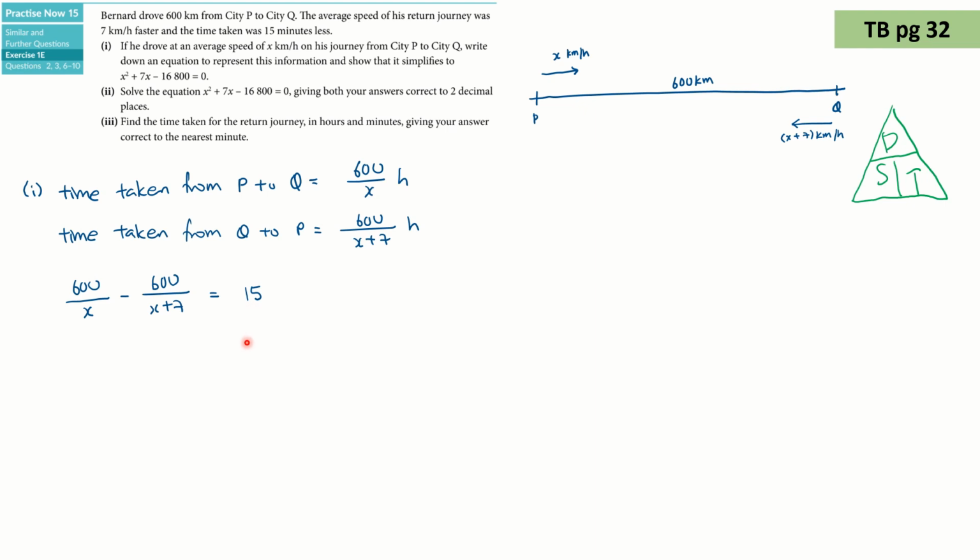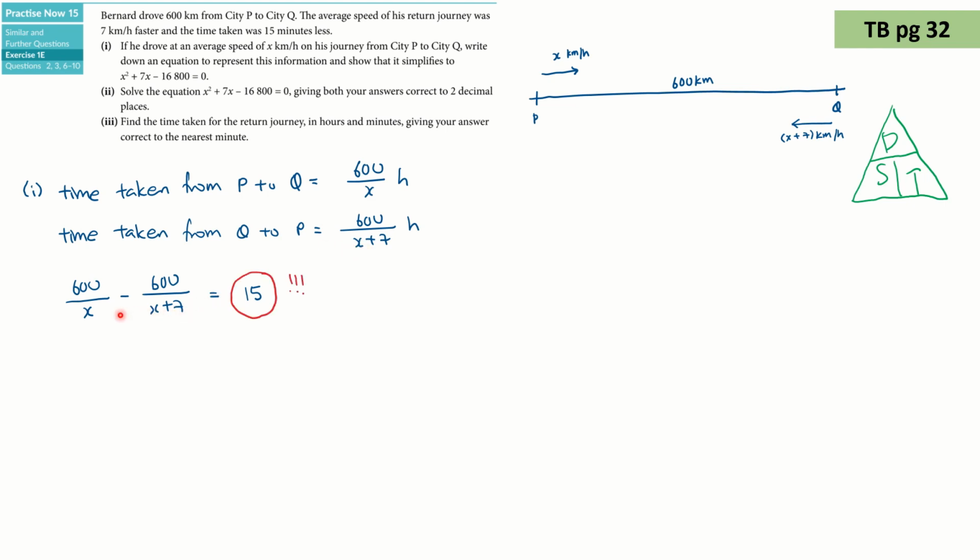However, just in case you're already thinking that this is the correct equation to form, I want us to think about the units, because if you heard me just now, I was placing a lot of emphasis on the units involved. The time taken over here is in hours, but 15 is in minutes.